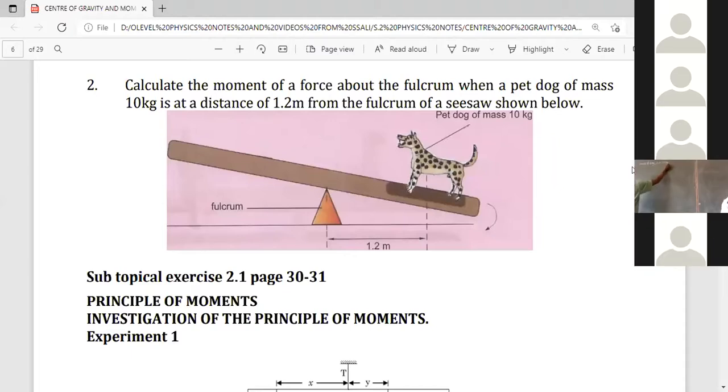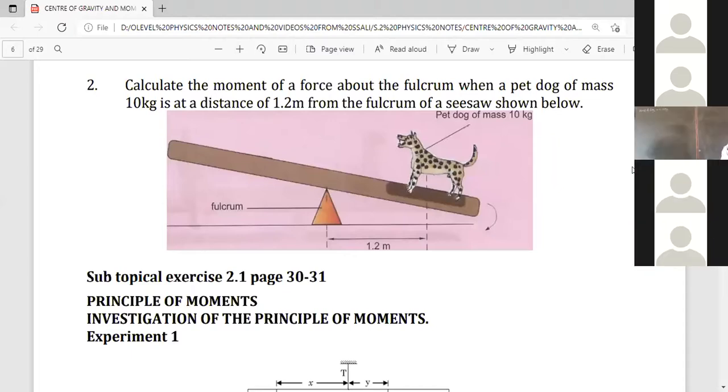Okay. Distance is 1.2 meters. Then the mass is 10 kilograms. So we don't need mass. What do we do? Okay, so may someone take us through?